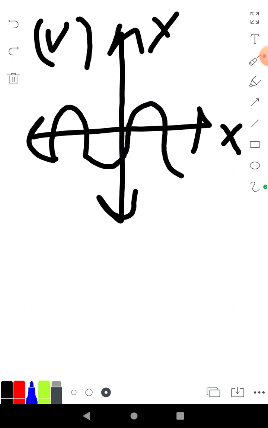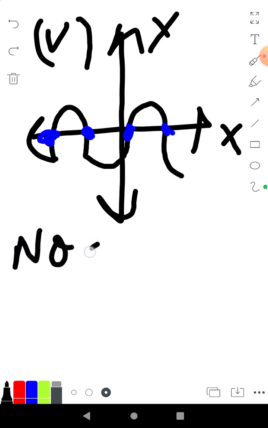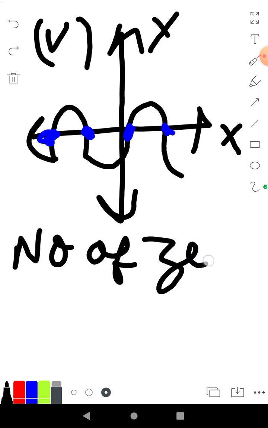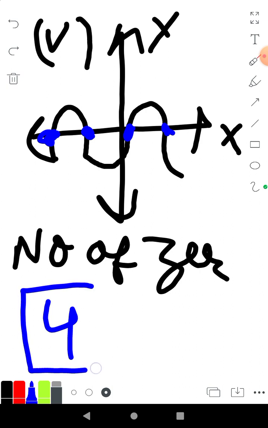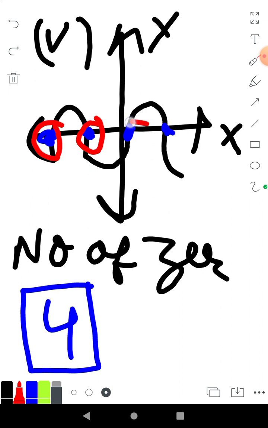So here you can see that here it cuts the x-axis, here it also cuts the x-axis, and here. So we can say that the number of zeros in this case is 4. Why 4? Because it cut it over here, 1, 2, 3 and 4.